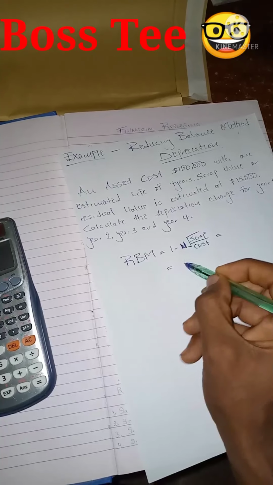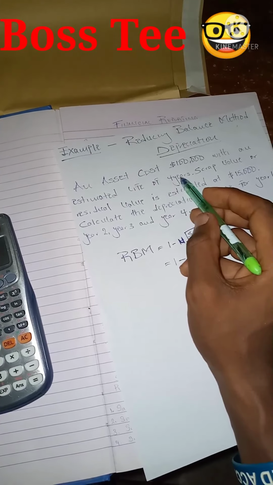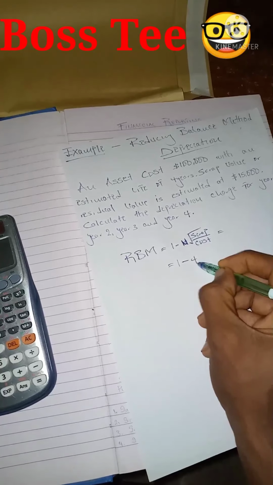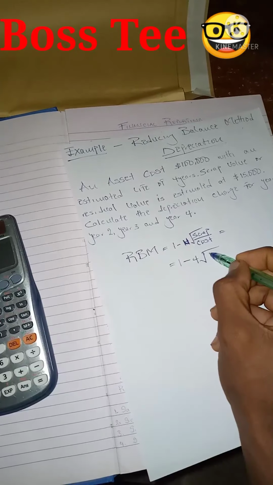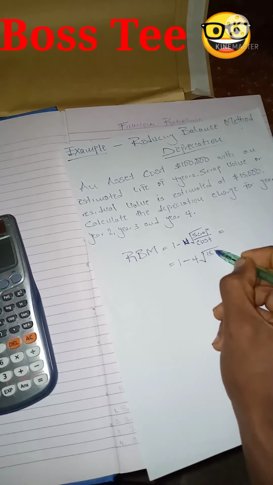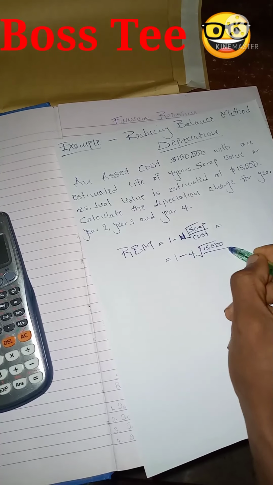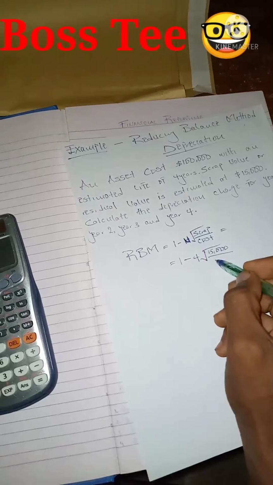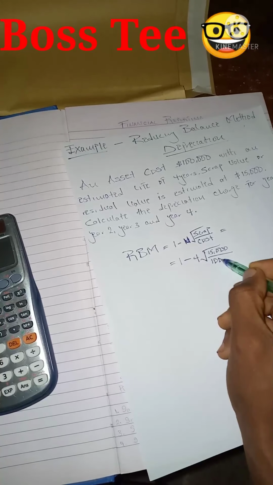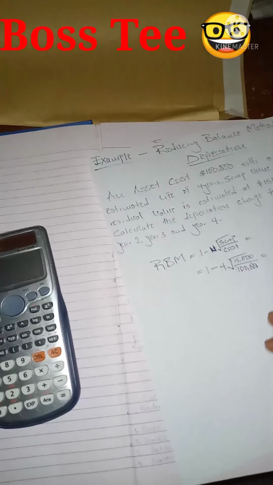Now we have this particular question. We apply the formula. 1 minus the number of years is 4 years, the root of the scrap value, which is $15,000, all upon the cost of the asset, which is 100,000. So calculating this, what do we have?